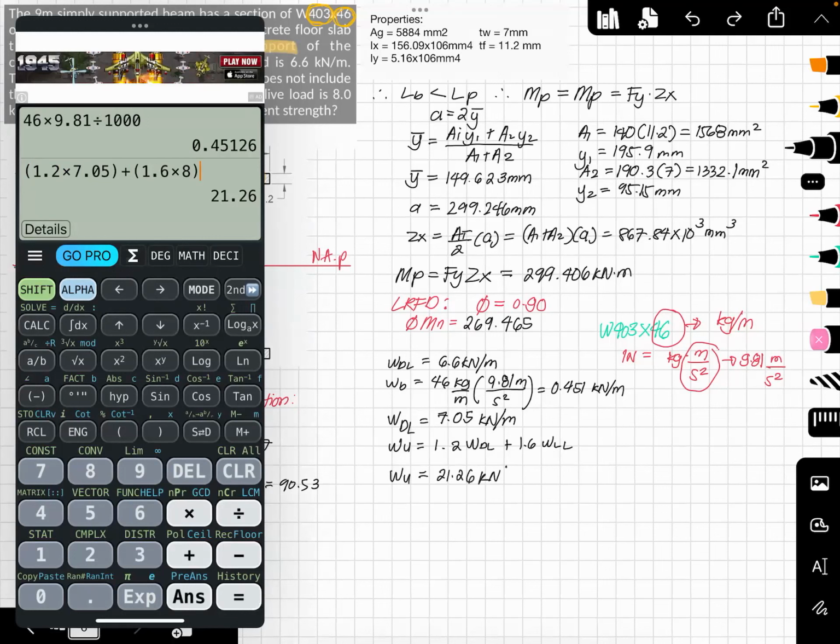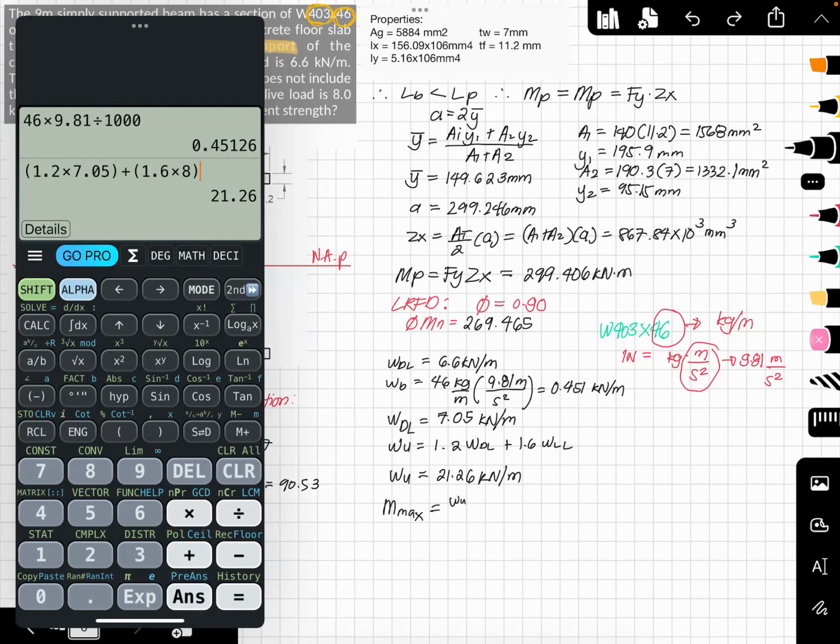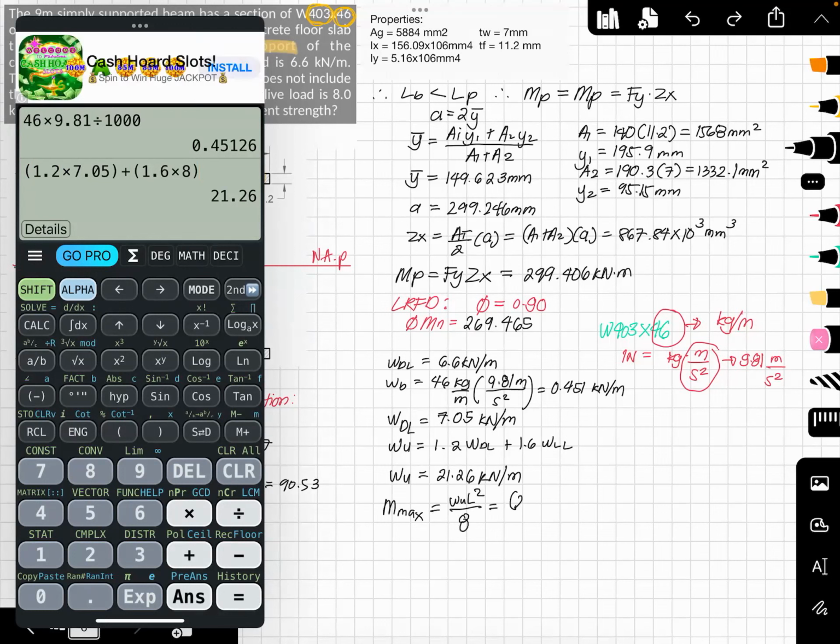And then, to get the maximum moment caused by the uniform load, we have M maximum equal to WL squared over 8. Substituting the values, W is 21.26 and the length is 9 meters.